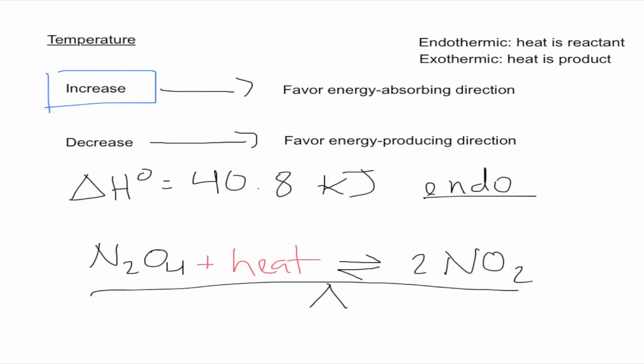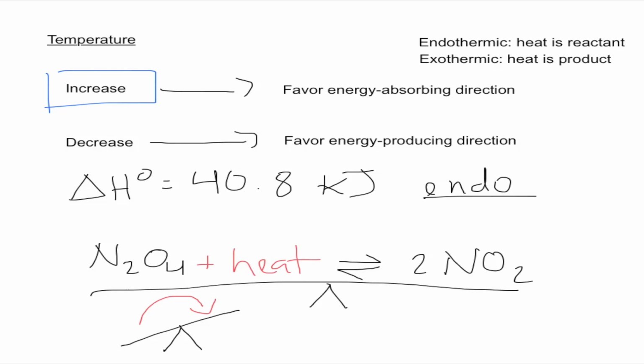This reaction is going to get hot because you're increasing that temperature, so you want to lower it. You want to turn down the heat, meaning you're going to form more of the other side. So this is going to be heavy, like this, and you're going to go to form more 2NO2.